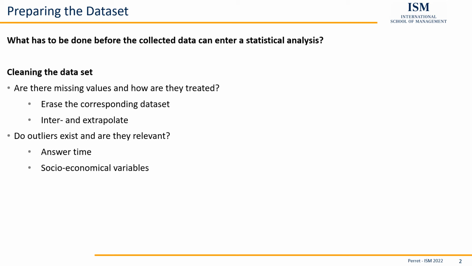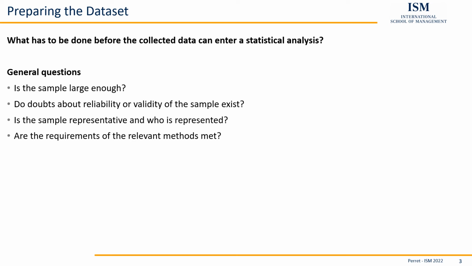Other variables, I would only exclude those observations if they're really severe outliers which could not be sensibly interpreted within the context of the analysis. And well, that's the first part on cleaning my data set.